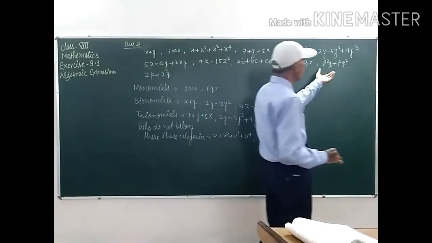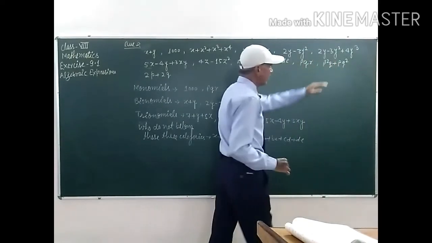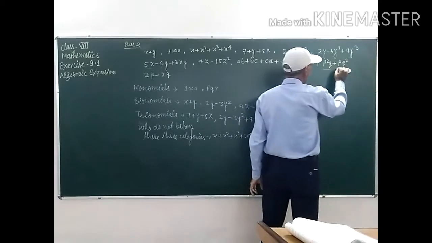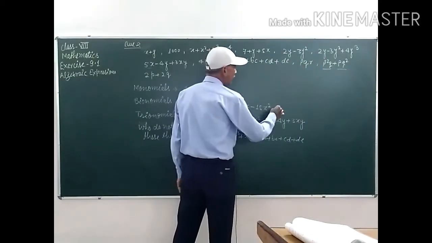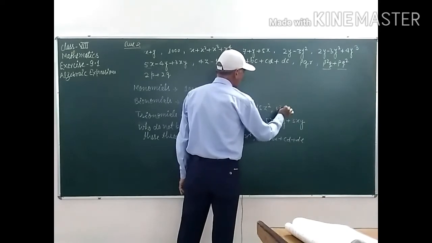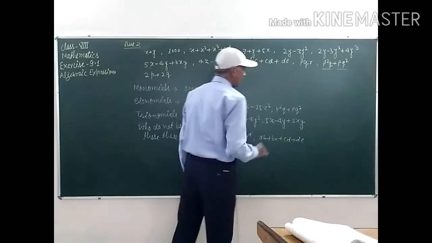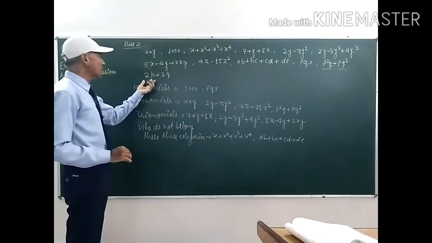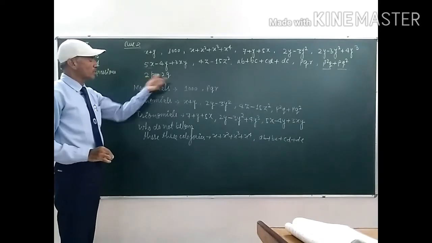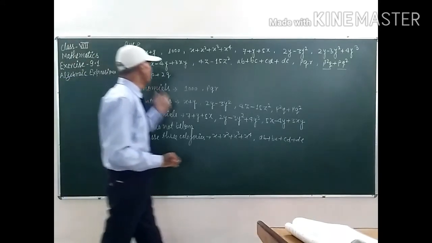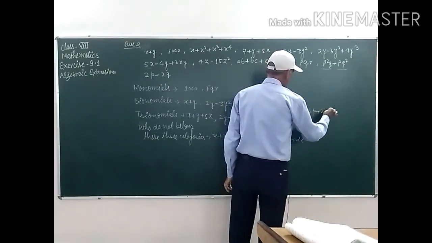And this one, p square q plus pq square. There are two terms, first term and this one second term, so it is a binomial. Okay, so p square q plus pq square, and this one again has two terms, 2p plus 2q, it is a binomial. Okay, so 2p plus 2q.